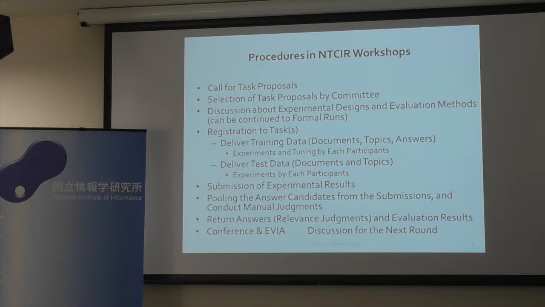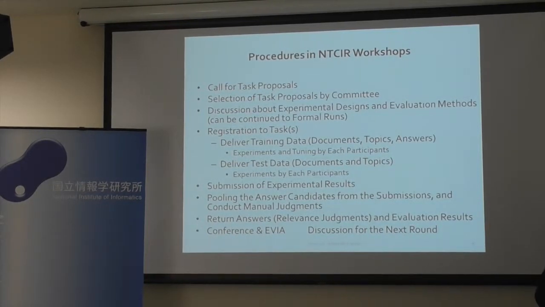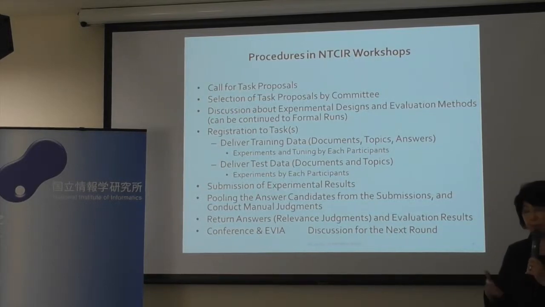This is the procedure in NTCIR workshops. First, we issue a call for task proposals. Any researcher can propose to organize a task. Then the International Program Committee selects the task proposals. After selection, the discussion about the experimental design and evaluation method can continue until the formal run of the task.